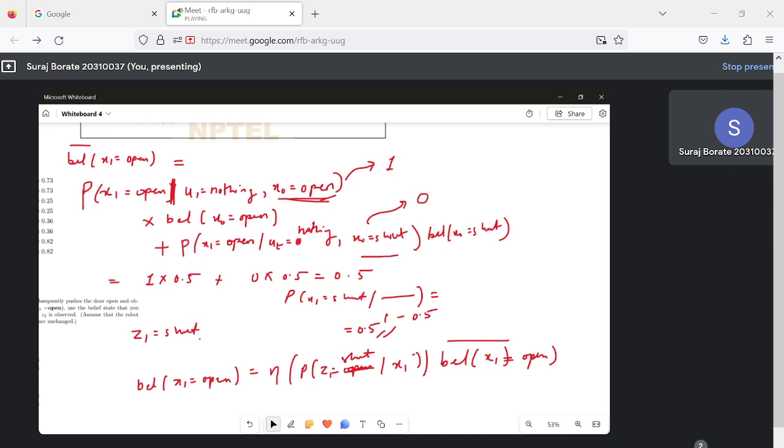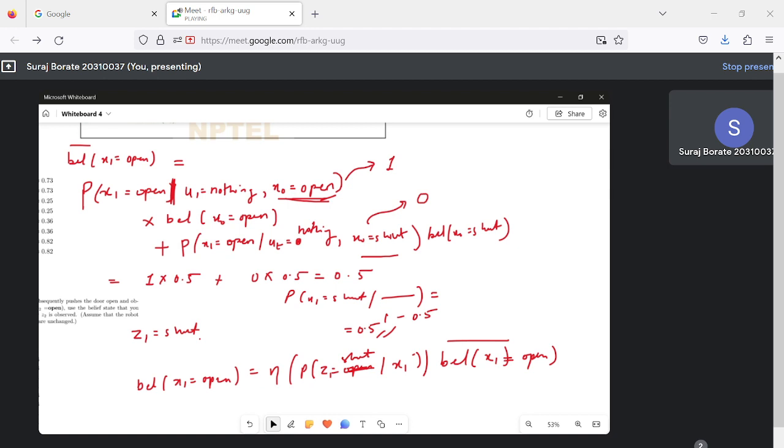So let's see, eta is equal to 1 by 0.65. So what is 1 by 0.65? Let's take help of the calculator. This is 1.538.